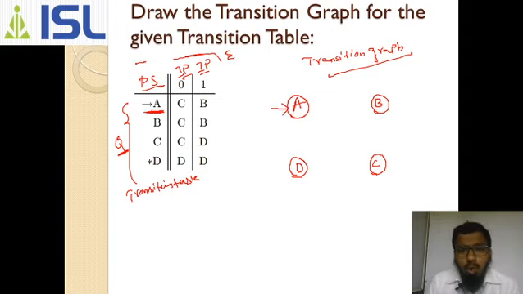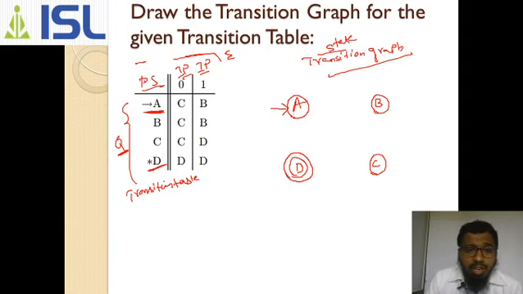And what is the final state? The final state is this. It will be represented as a star. So how will we represent it in the state graph? With a double circle. We can say transition graph or state graph.